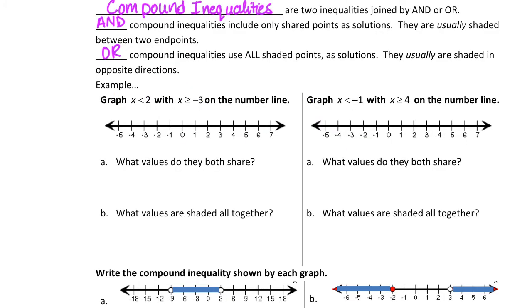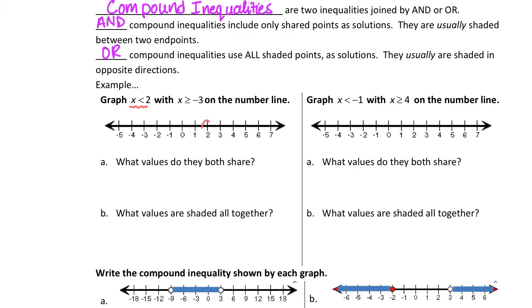For our first example, we are going to graph x is less than 2 and, on the same number line, x is greater than or equal to -3 and see what happens. I'm going to use red to graph x is less than 2.